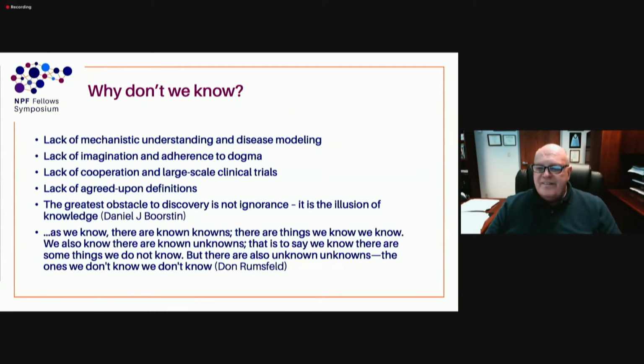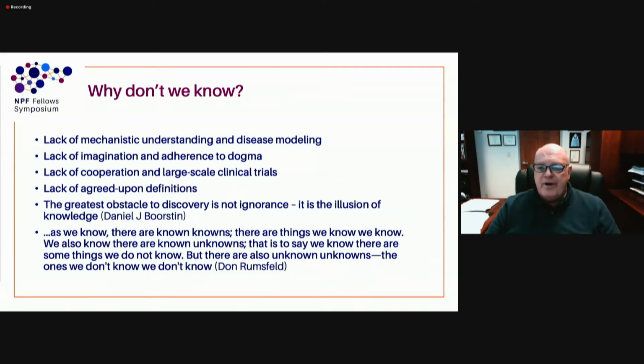One of the important things I also thought about when I crafted this talk is, well, if we know certain things, but we don't know others, why don't we know? What is it that keeps us from knowing the answer to a lot of those questions? Well, part of it is we don't have a complete understanding of mechanisms, and we don't have good disease models to figure that out. I would blame myself for lack of imagination and adherence to dogma. I think that's a problem for all of us.